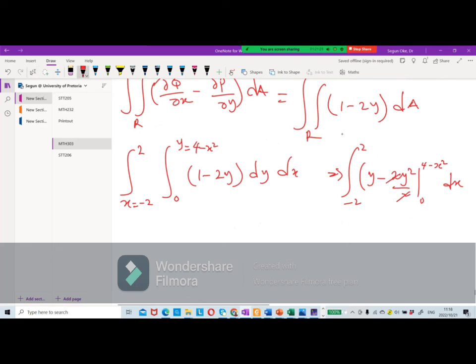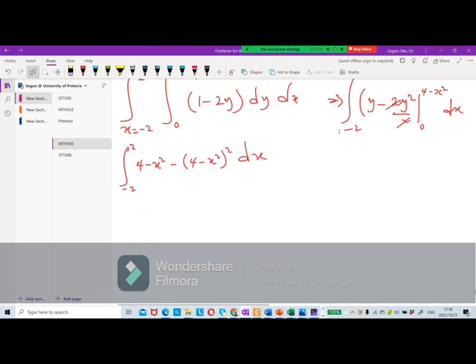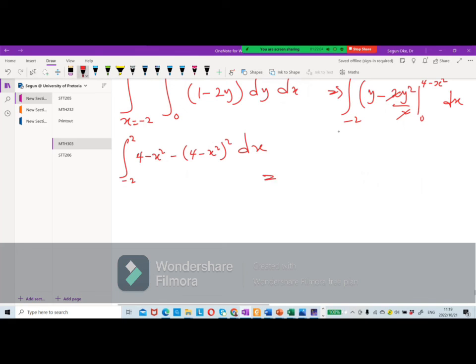So this one cancels this. Substitute it. So you have 4 minus x squared minus (4 minus x squared) all squared. Am I right? Yes, sir. dx. So when you open the brackets, very well, what do you have? Integral from -2 to 2.